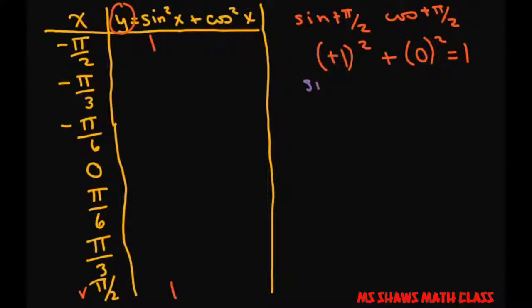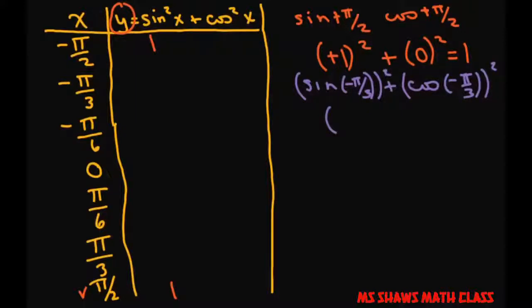Now let's try negative pi over 3. So sine of negative pi over 3, and then cosine of negative pi over 3, and then when you get that, you just square it. Sine of negative pi over 3 is negative square root of 3 over 2, and cosine of negative pi over 3 is 1/2.